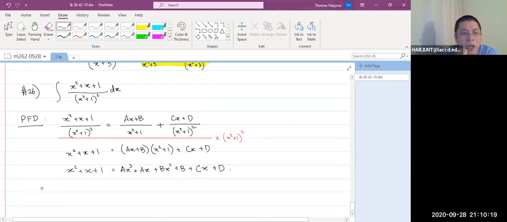You see the x cubed term, 0 on the left hand side, a on the right hand side. Bang, you are done for a, right?